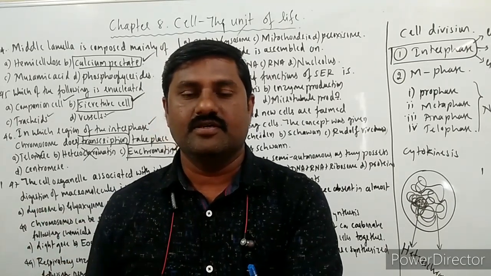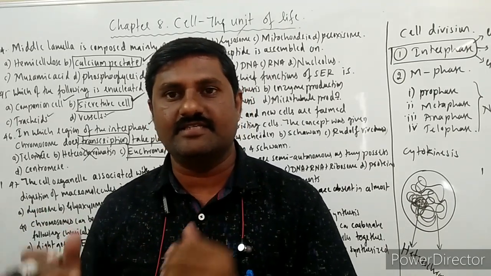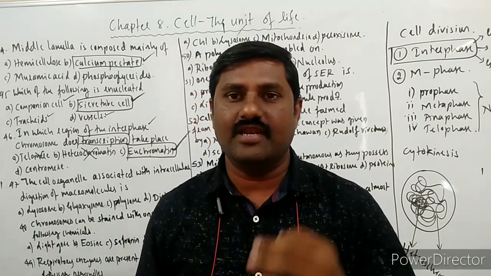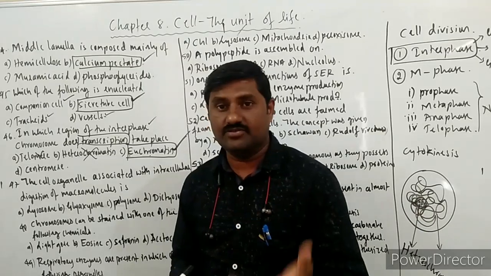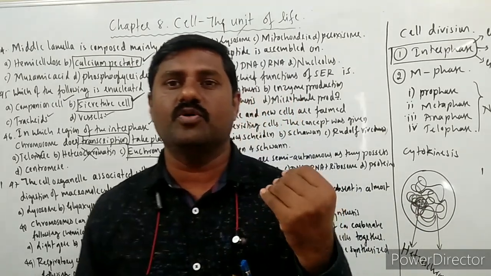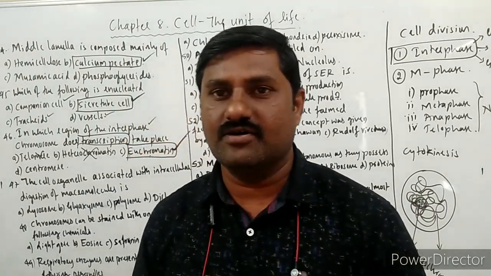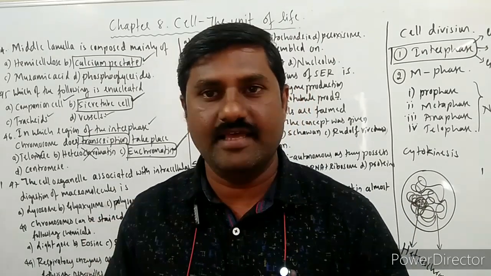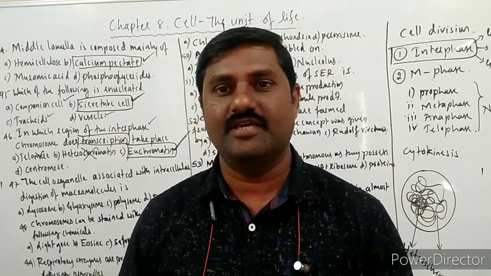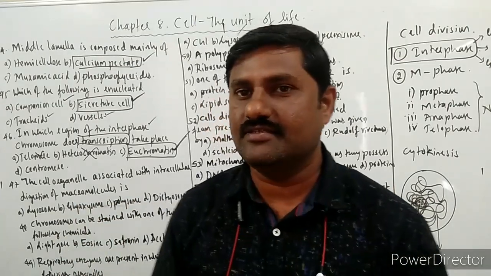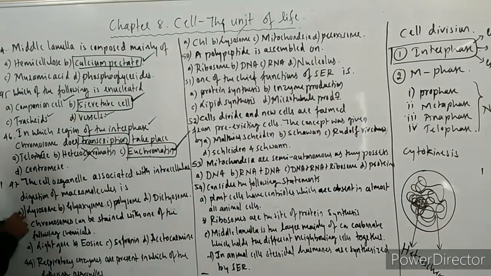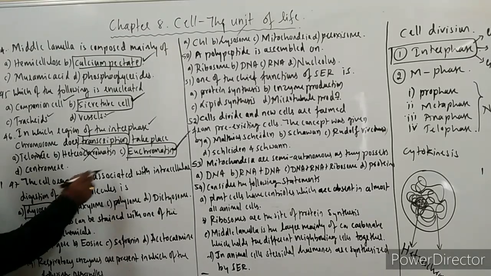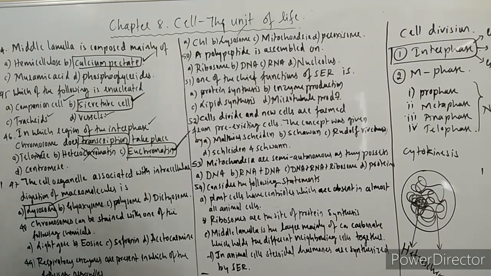Later it exists as an independent cell organelle, that is nothing but lysosome. Lysosome consists of 40 more varieties of intracellular digesting enzymes, that is hydrolytic enzymes. So these lysosomes are the cell organelles which help in intracellular digestion, and they contain the digestive enzymes within themselves.